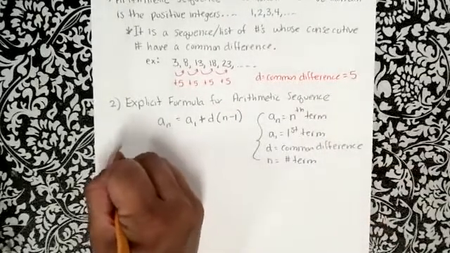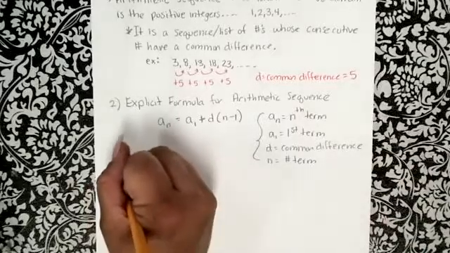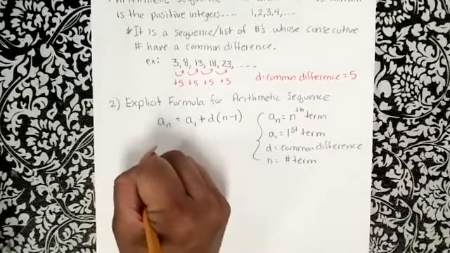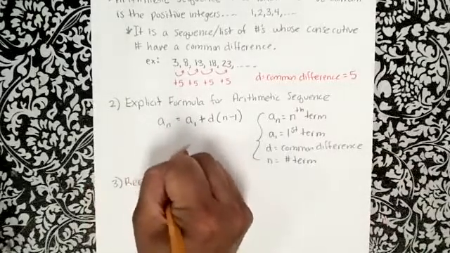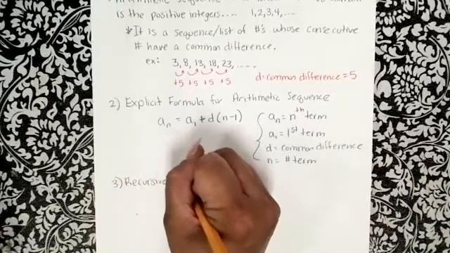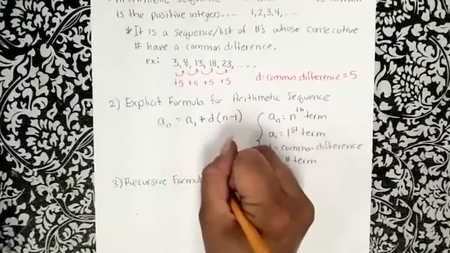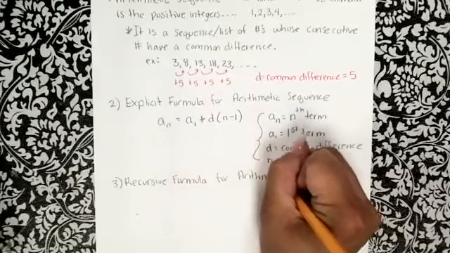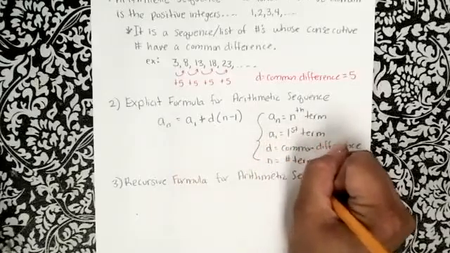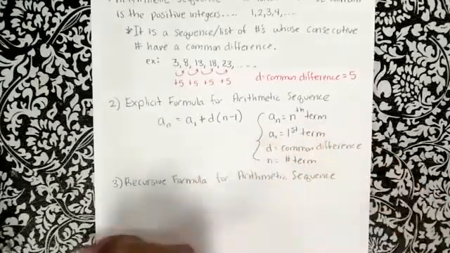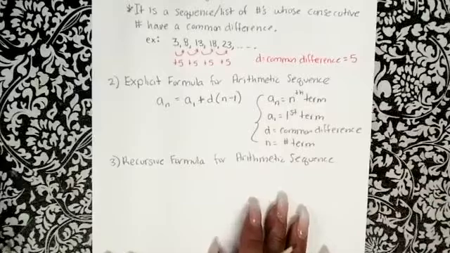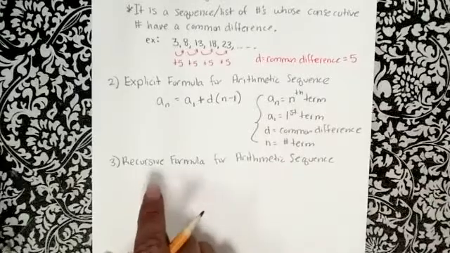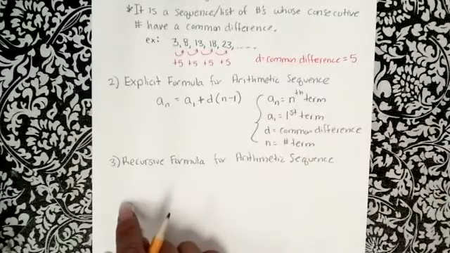The next formula is going to be called the recursive formula for an arithmetic sequence. Now on the recursive, you have to know the number before.